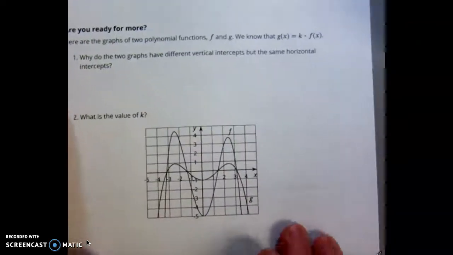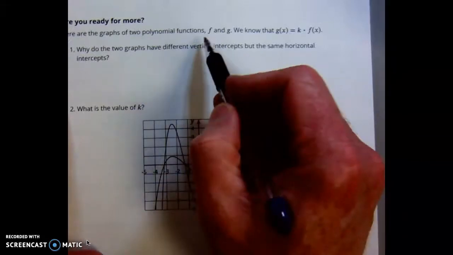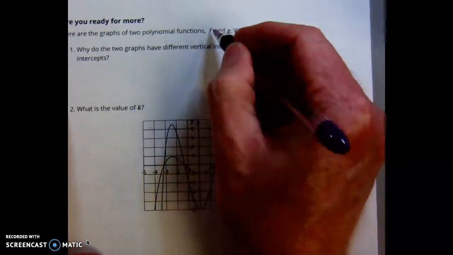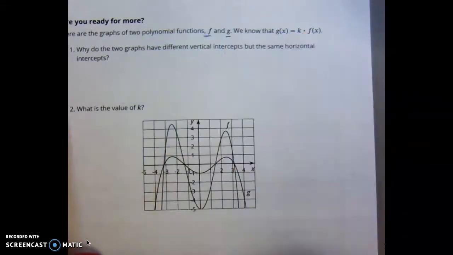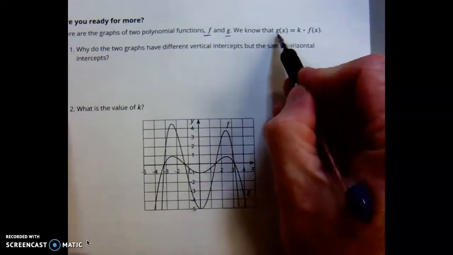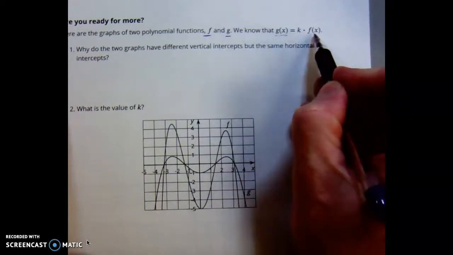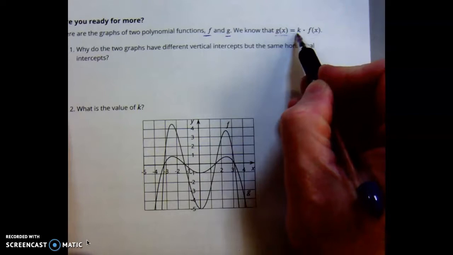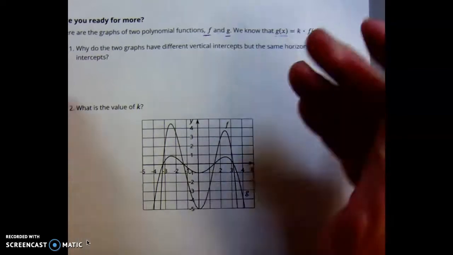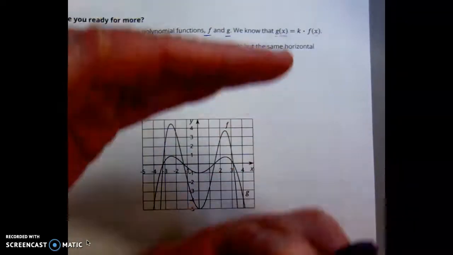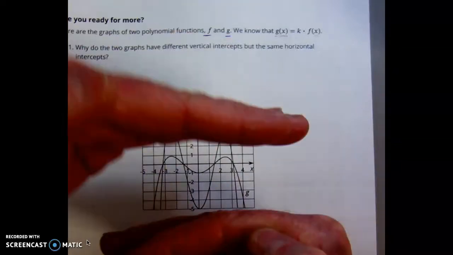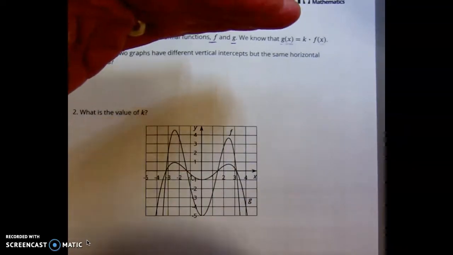I want you to be sure you catch, if I have two polynomial functions, function f and function g, if I get function g by taking function f and multiplying it by something, that's going to stretch it vertically. So it's going to either make it short or it's going to make it tall.